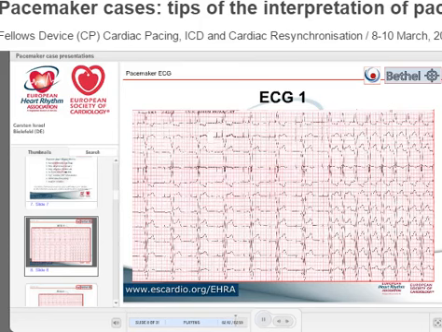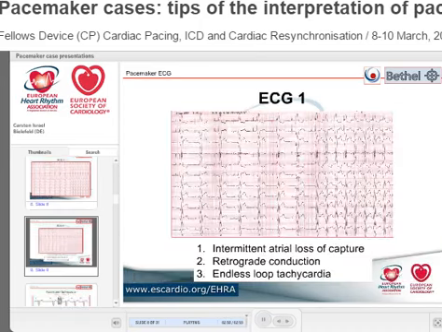Again here, and then the retrograde conduction gets slower. The AV node is a little bit exhausted, and now it is so slow that it is outside the refractory period, and it is sensed by the device and tracked. So that is very nice to see. Intermittent loss of atrial capture, retrograde P wave conduction, and finally endless loop tachycardia.